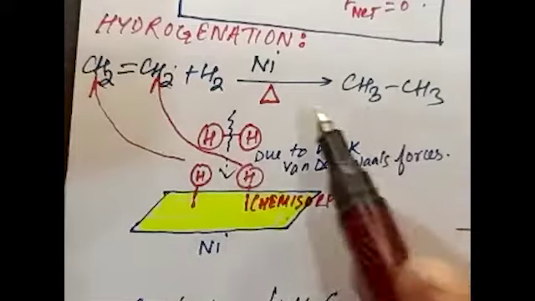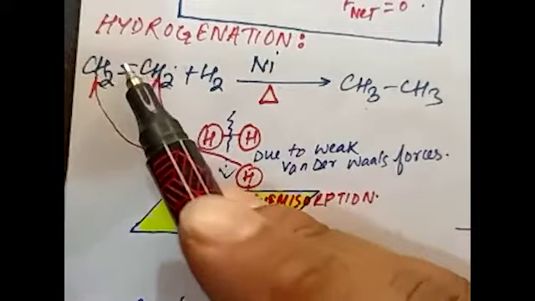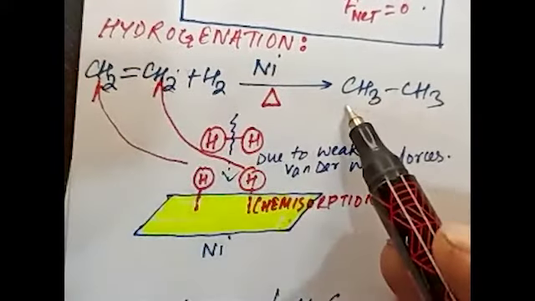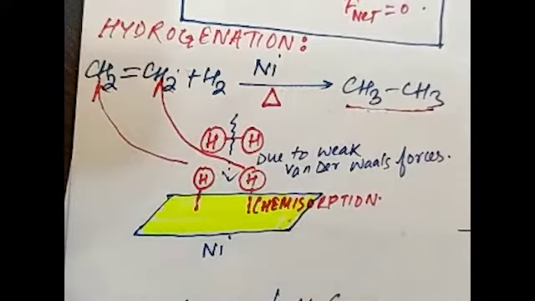So when you heat it, the bond between hydrogen atom and the nickel gets broken, and this hydrogen is now running towards the carbon to break the pi bond, and this will create a CH3 single bond CH3.